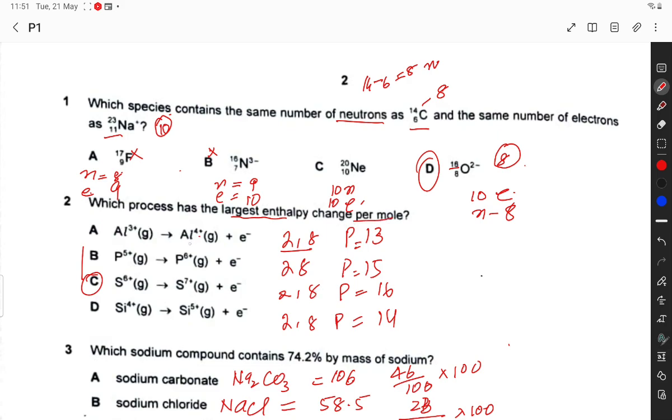This is the next shell, P5 plus and P6 plus electrons. This is also the next shell, S6 and S7. So this is 6 positive and this is sulfur.